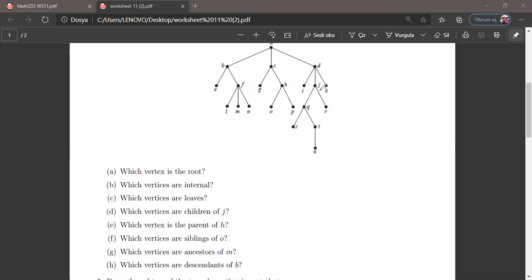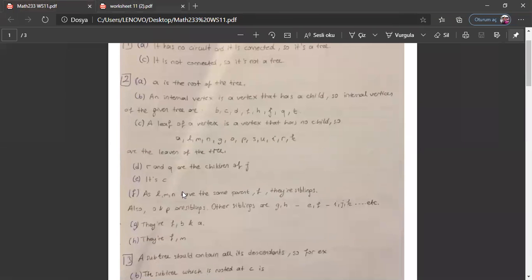So we'll find the children of J. So here is J. What are the children of J? Q and R. Let me clear first so you can clearly see the answer here. R and Q are children of J. Okay.